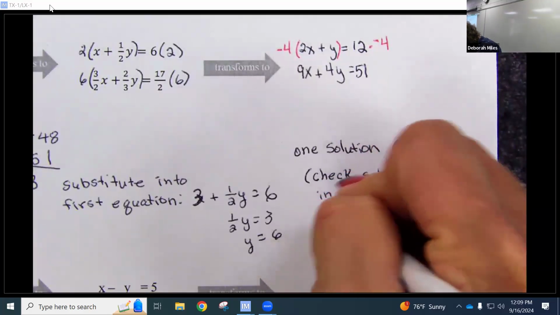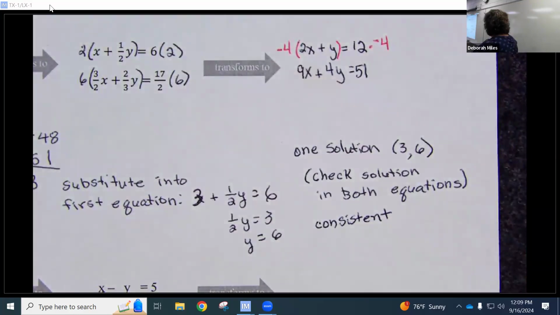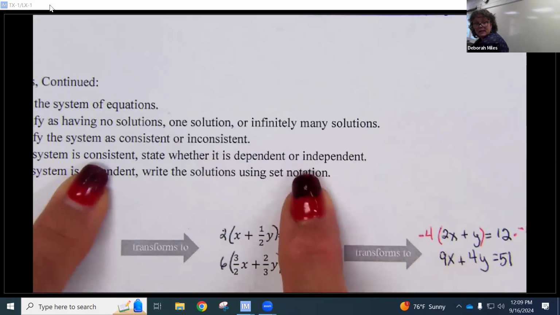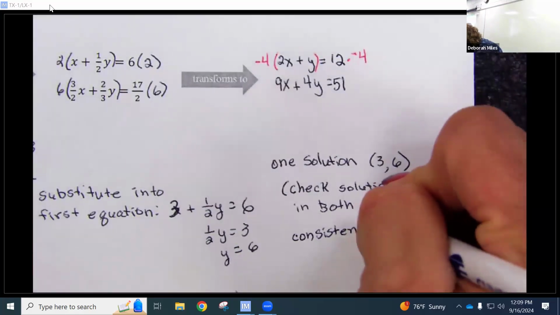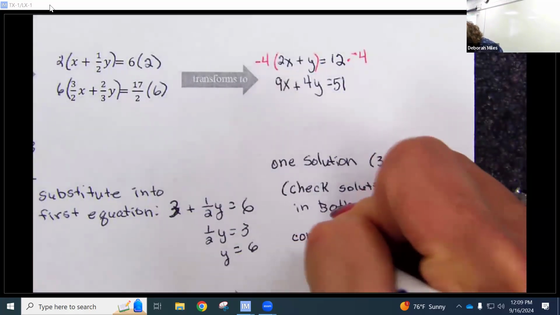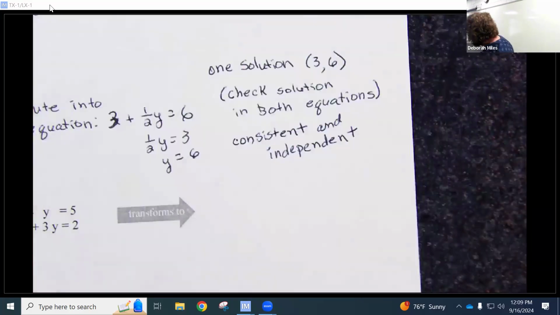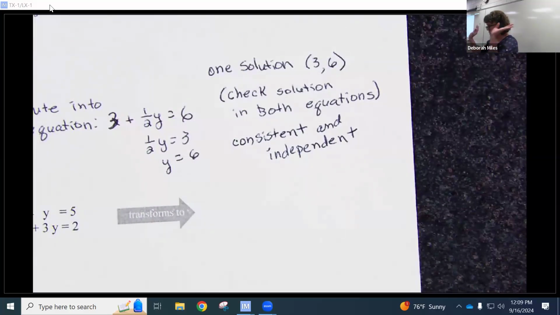That's consistent. And if there's only one solution, then do we say dependent or independent? Independent. Consistent and independent. Everything we need to know. The E part says if the system is dependent, this one's not, so I'm not worried about it yet.